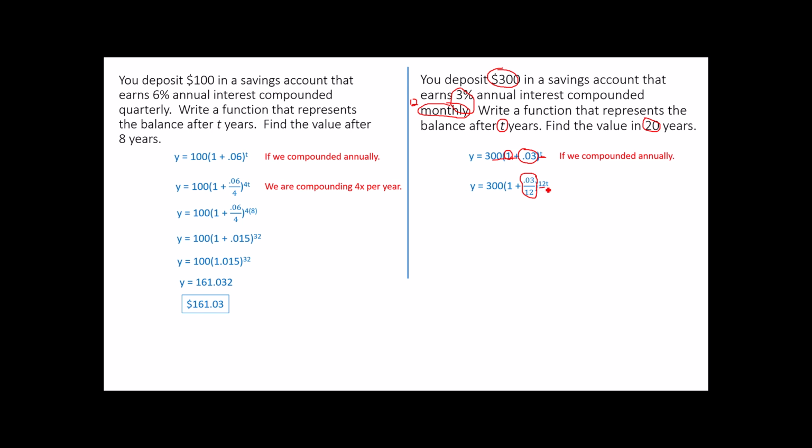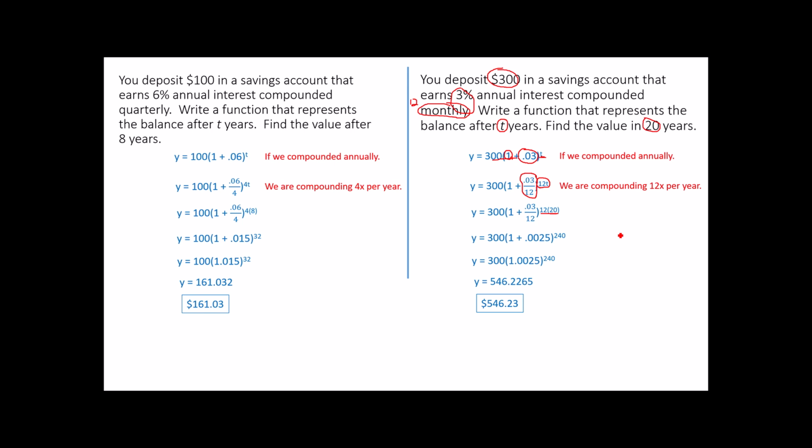And since I'm doing it every month, my final answer will have been computed 12 times more often. That's compounding 12 times a year. Notice we are doing 20 years here, so instead of doing it at the end of each year 20 times, we're doing it at the end of each month 240 times. 3% divided by 12 is 0.0025 or 0.25% every month, and from there it's just a little bit of computation.